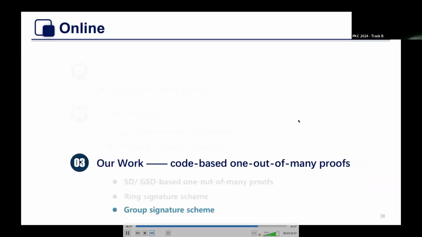Another application of our one-out-of-many proofs is group signatures. We use the encryption-then-proof framework to construct our group signature scheme.